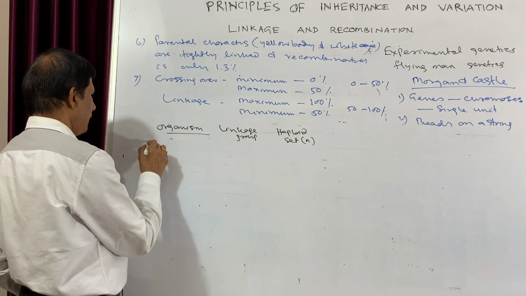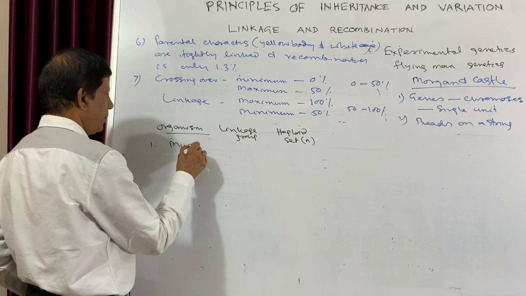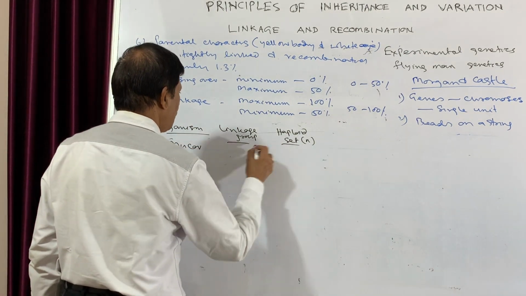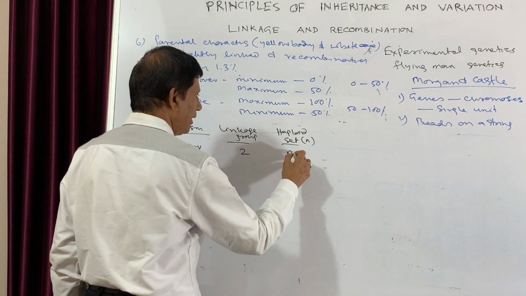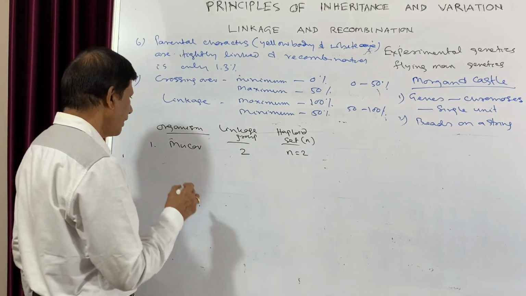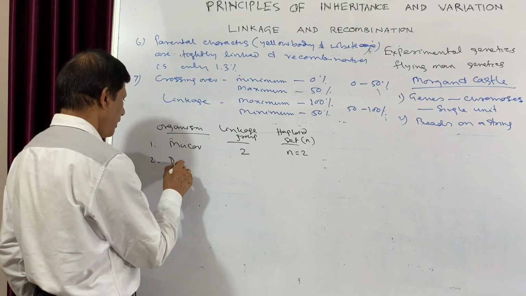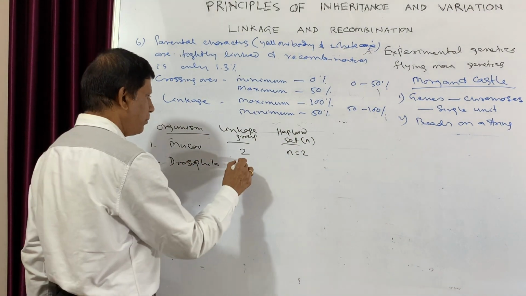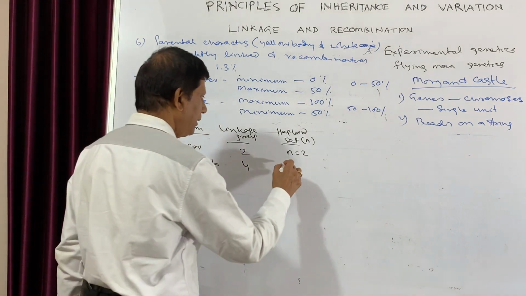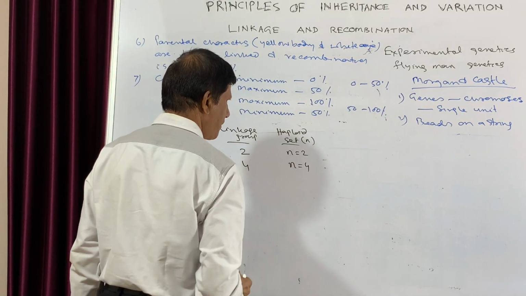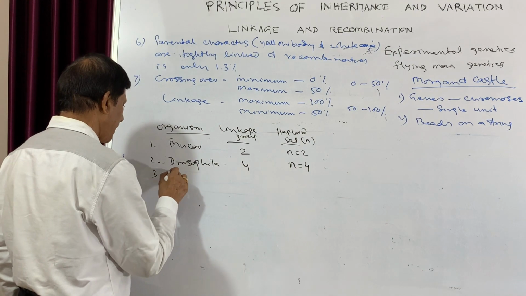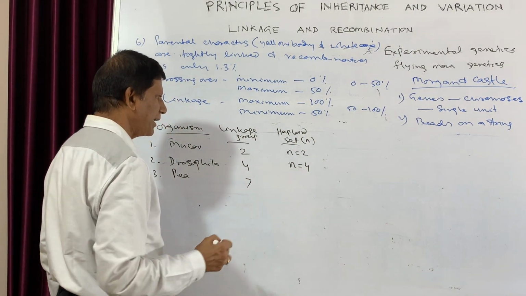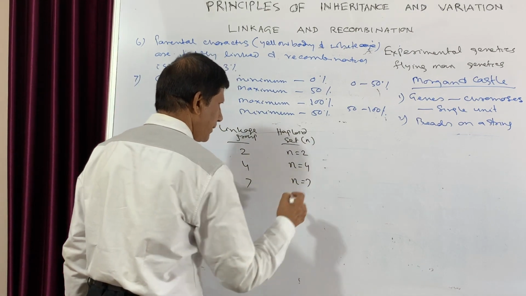So let us take the example of Mucor, a fungus, and it has 2 linkage groups. Why? N is equal to 2. Then the Drosophila, which was studied by Morgan, here there are 4 linkage groups. Why? N is equal to 4. In case of a pea plant, Pisum sativum, there are 7 linkage groups because N is equal to 7.